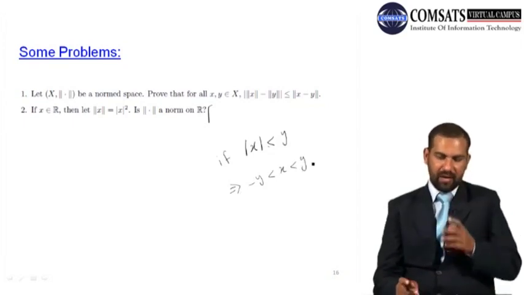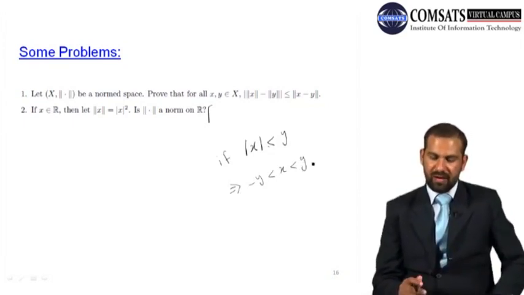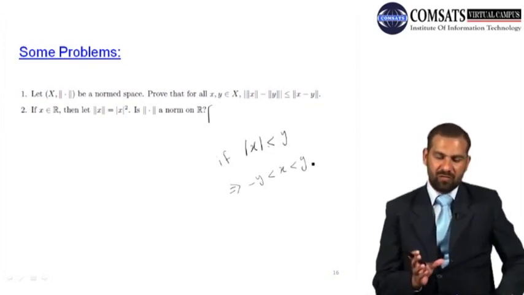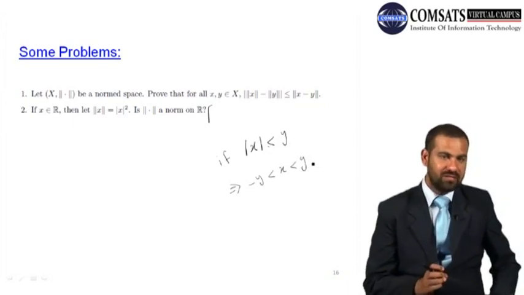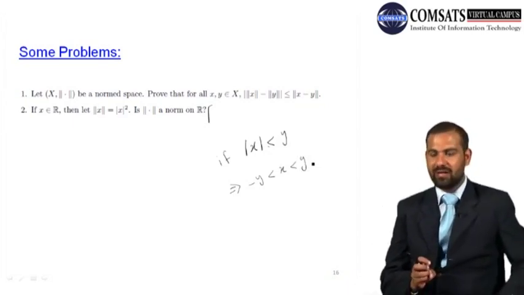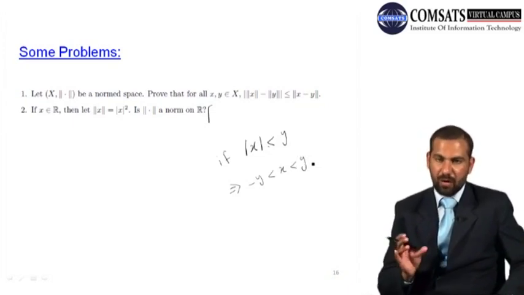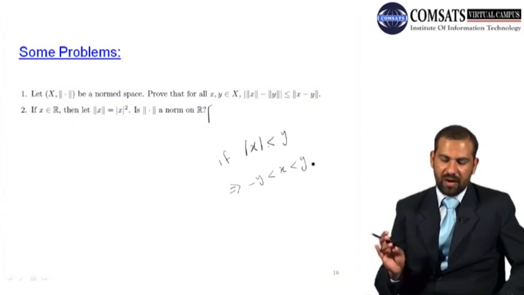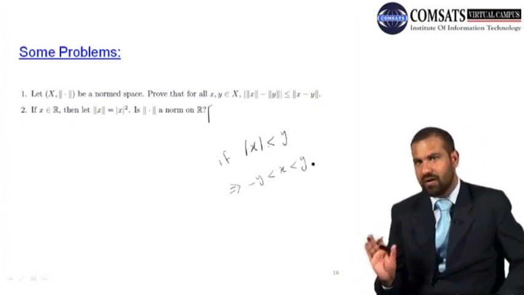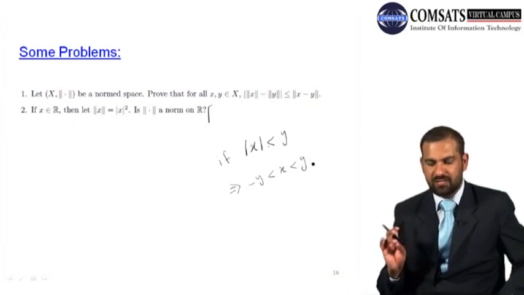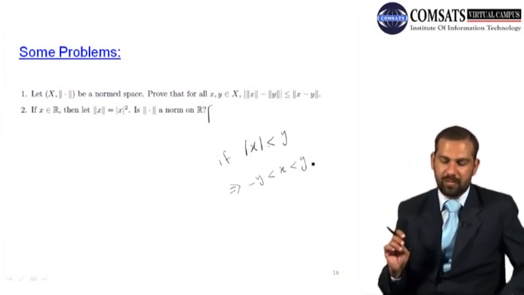Note that here y is greater than or equal to the mod value of x. Since the mod of x is either 0 or greater than 0, y is either positive or equal to 0. There are only two possibilities for y: y is either 0 or y is a positive number.